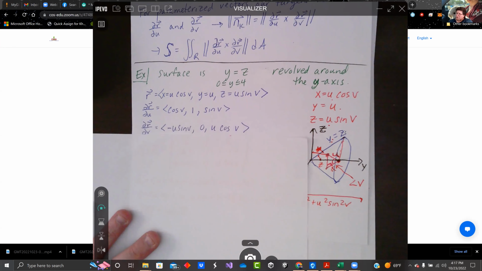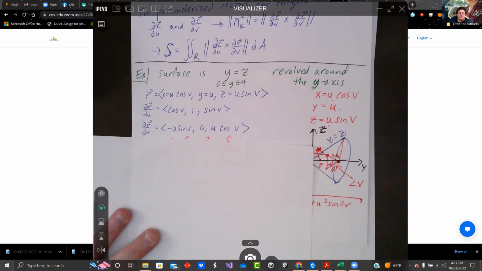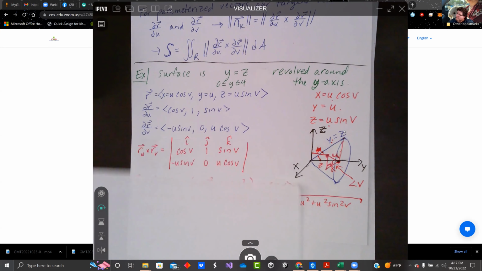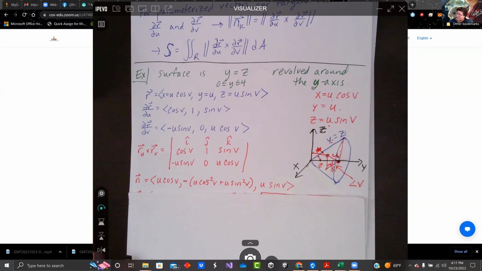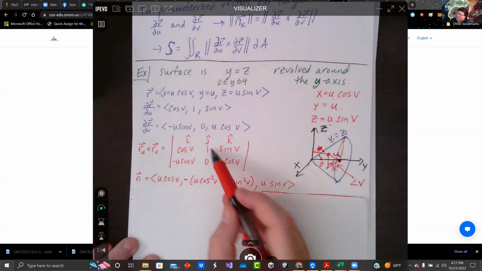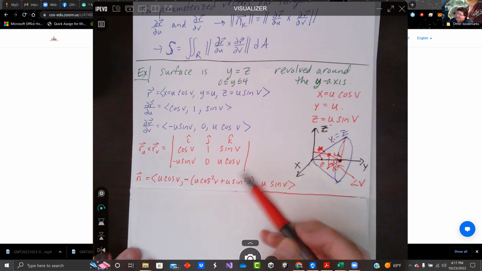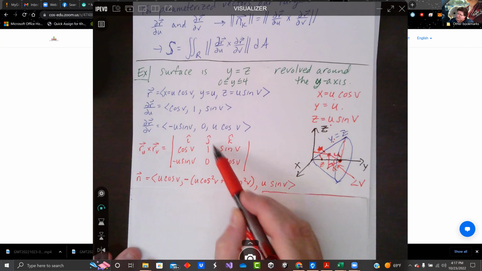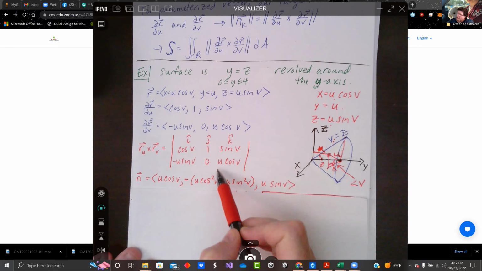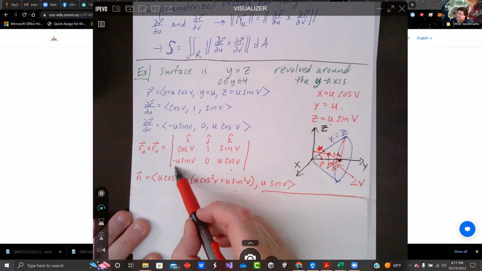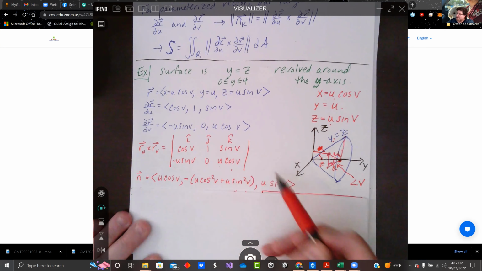So let's find our partial derivatives. dr/du is cosine v, 1, and sine v. dr/dv is negative u sine v, 0, and u cosine v. We do our cross product to find our normal vector. We've got u cosine v, and then negative, because the j hat's negative, u times cosine squared v minus a negative is plus u times sine squared v.